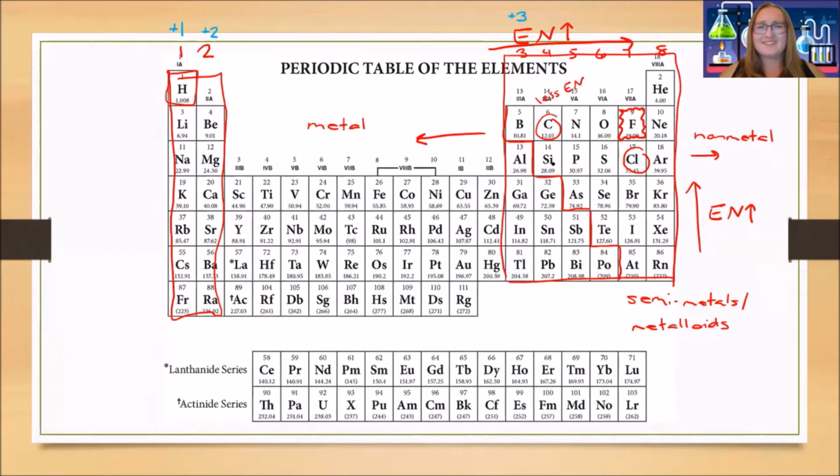Group 4 doesn't really form cations or anions. All the elements in group 5 form anions with a -3 charge. In group 6, we form anions with -2 charge. And in group 7, we form anions with a -1 charge. In group 8, again, we don't form cations or anions.